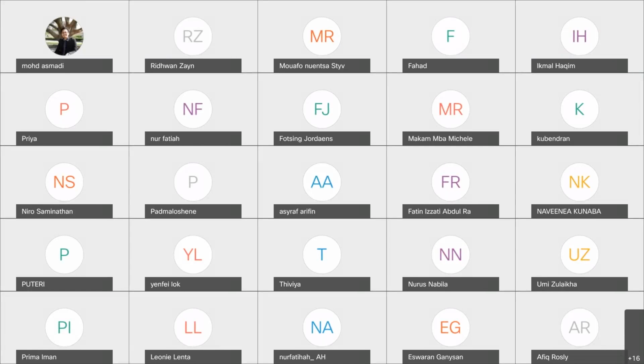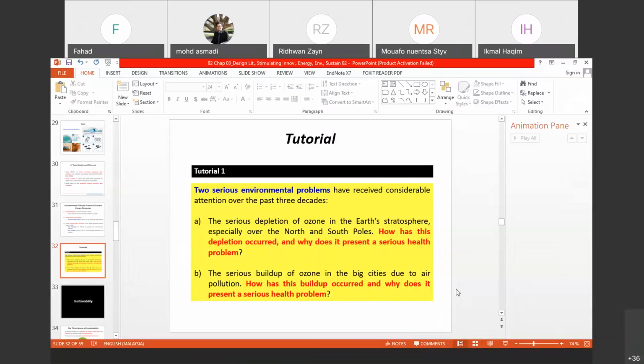The build up of the mechanism. That is what I am thinking, but I know how it presents a serious health problem. Only how the buildup occurred.